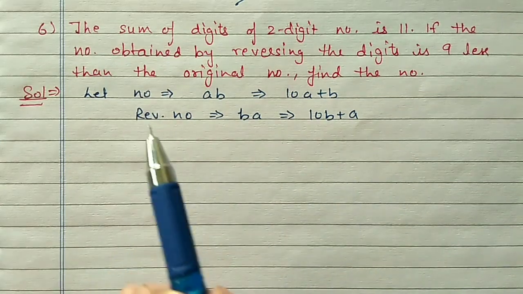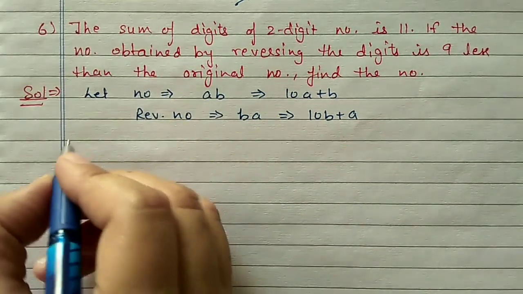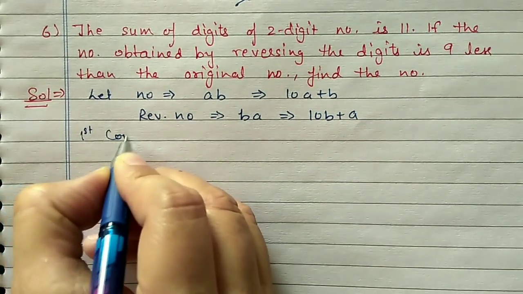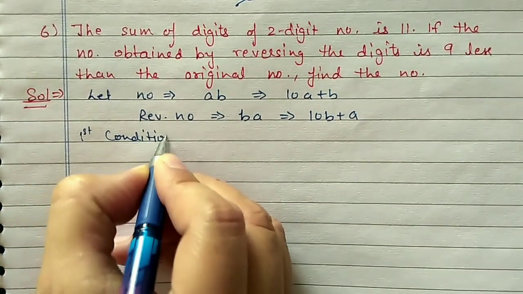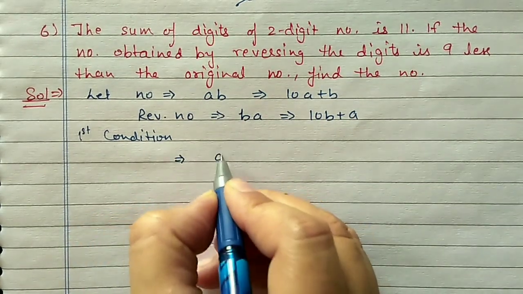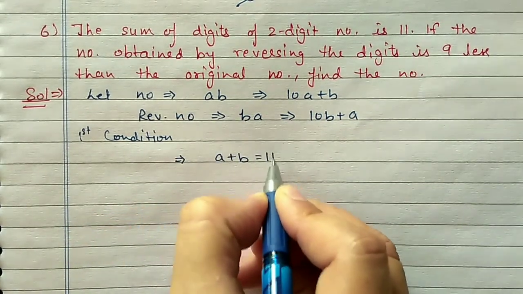Now in the question, 2 conditions are given. First condition is given, sum of these two digits is 11, means A plus B is equal to 11.